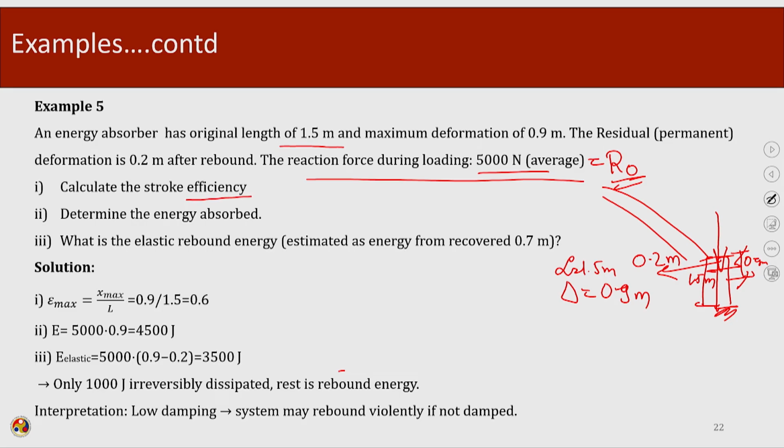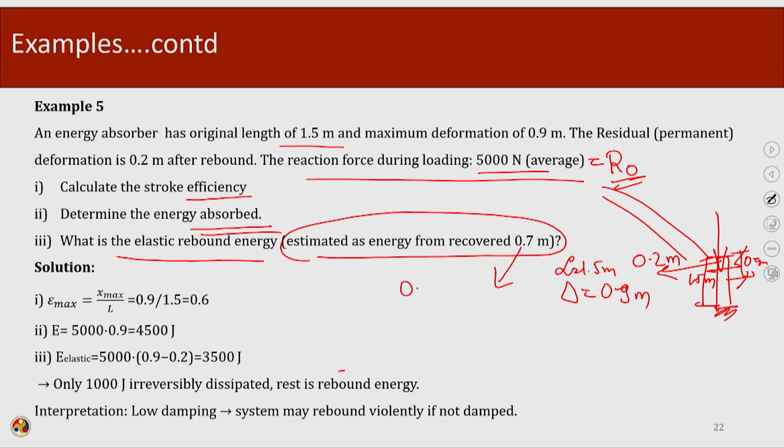We need to determine the total energy absorbed in the system, and we need to compare what is the elastic rebound energy. So, the estimated energy from the recovered 0.7 meter. This 0.7 is coming from 0.9, the maximum deformation, minus 0.2, the permanent deformation.